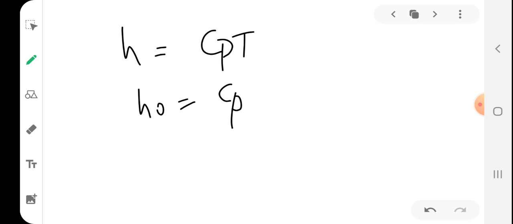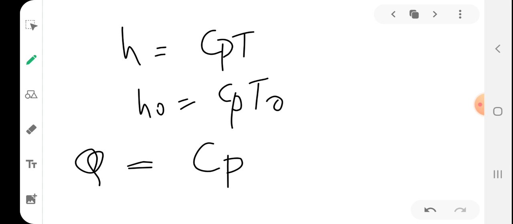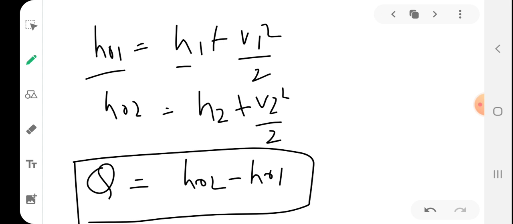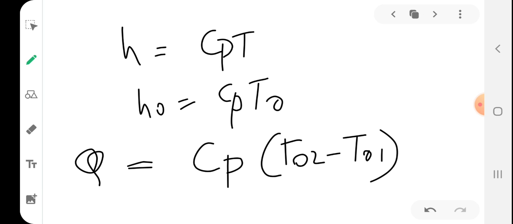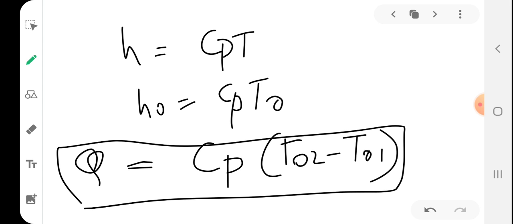Okay, so we know that H is equal to Cp into T, therefore H0 will be Cp into the stagnation temperature. I am converting this equation of Q, which was H02 minus H01, as Q equal to Cp into T02 minus T01.